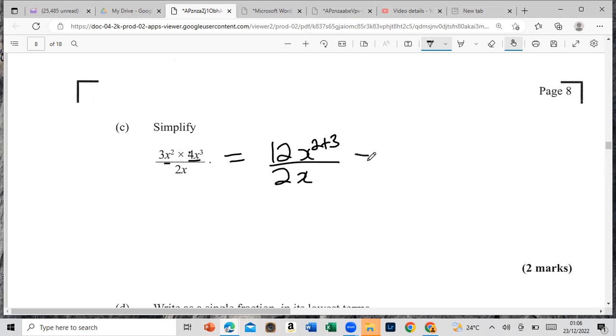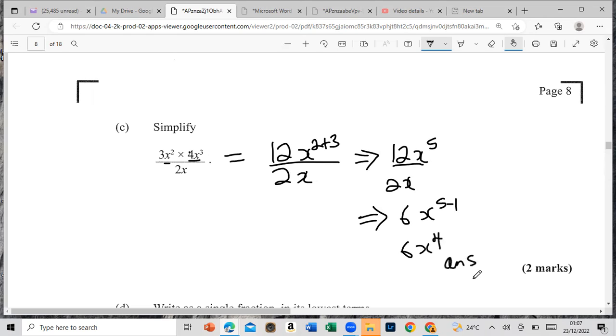So the top would be 12x to the 5th. Divide by 2x: 2 into 12 goes 6 times, and when we are dividing, we subtract the powers. So that's 4, and it will be 6x to the 4th. We have 2 marks right beside it here, so it's worth 2 marks.